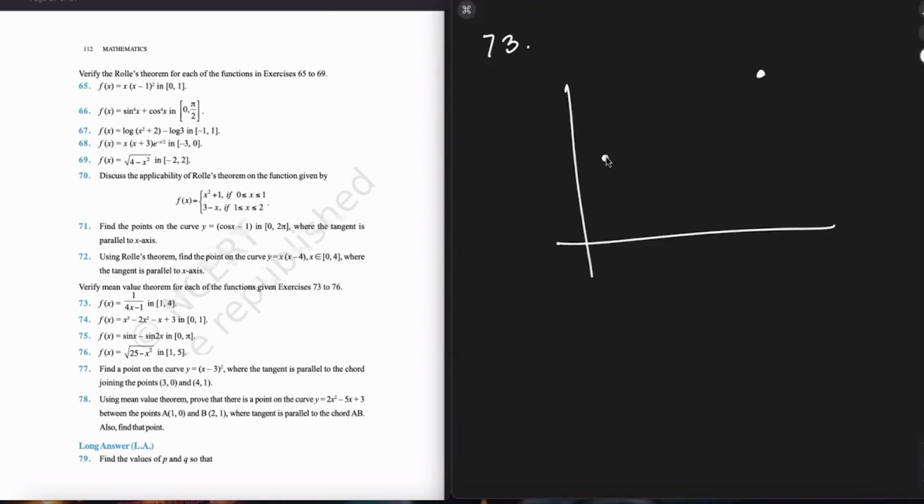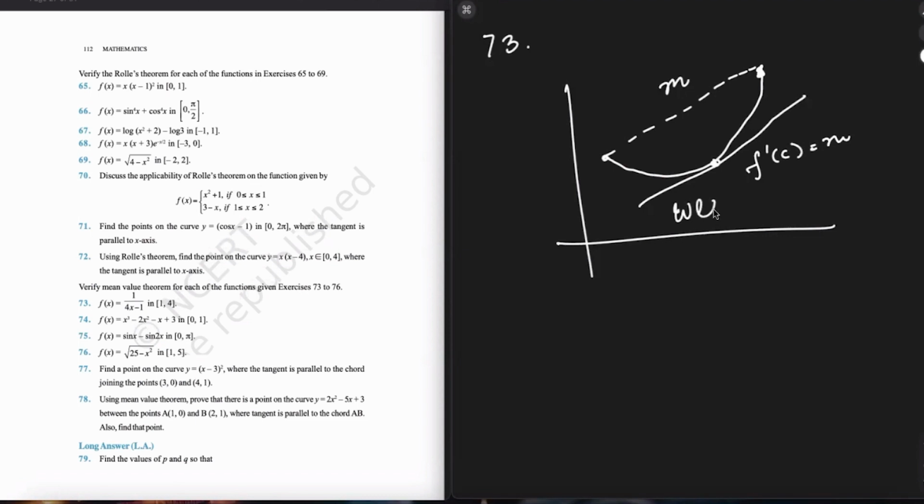So the curve can go like this, but there will be some slope, right? I'll say that this slope is m. So there is at least one point on this graph whose tangent, whose f dash of c, is equal to m. Basically, this is tilted Rolle's theorem.